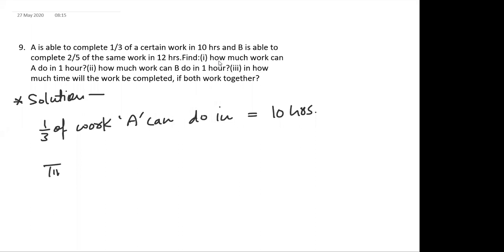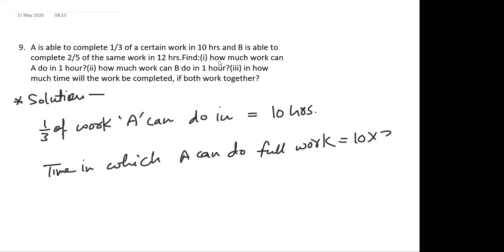Time in which A can do full work is equal to 10 into 3 hours, means 30 hours. Listen again, 1 upon 3 of a work A can do in 10 hours. So time in which A can do the full work is 10 into 3 hours. Why 3? Because this 3 is in divide. When it goes there, it will go in multiply.